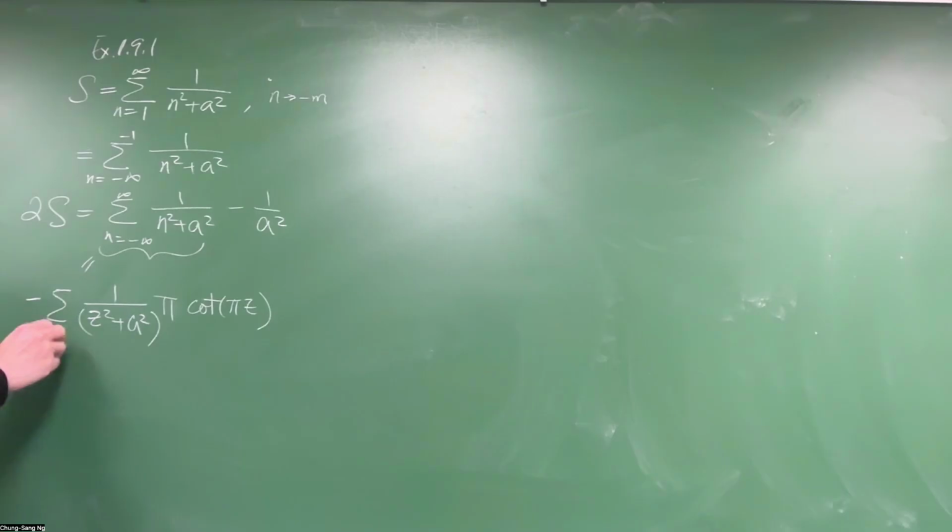The sum of residue of f, right? Which is this one. Now, what are the locations of the residues? Yeah, plus or minus i a, right? I times a. And those are simple poles, obviously. And so you have two terms.